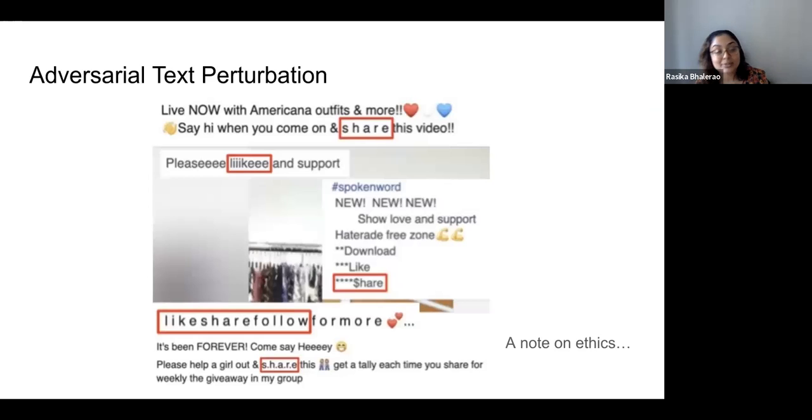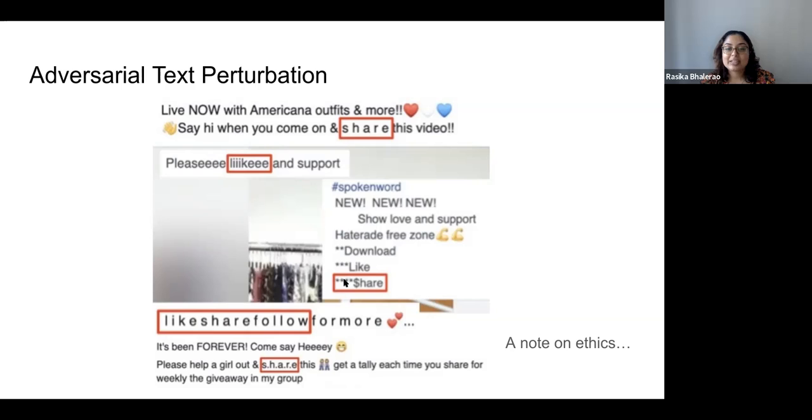So here are some examples of adversarial text perturbation. This first example at the top, they've put spaces between the letters of the word share to avoid detection, basically trying to artificially inflate the engagement for their post. Similarly, in the second example, they've added extra I's and E's to the word like, and also to other words in the post.